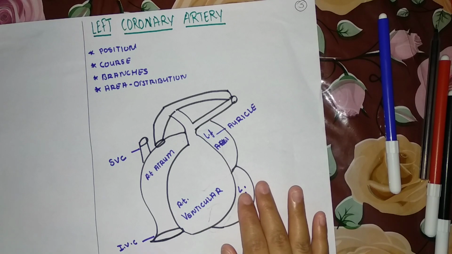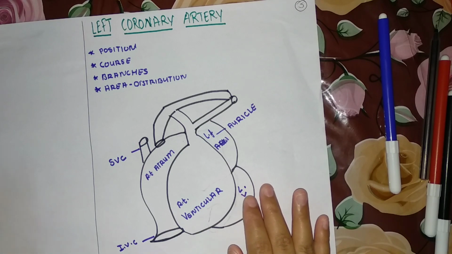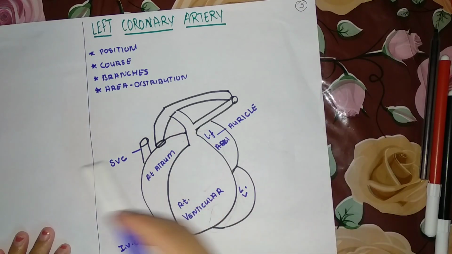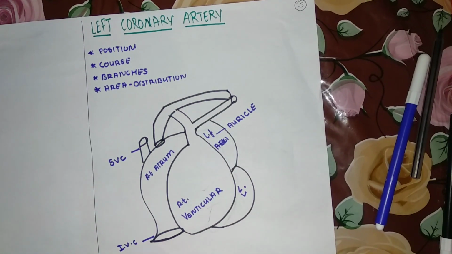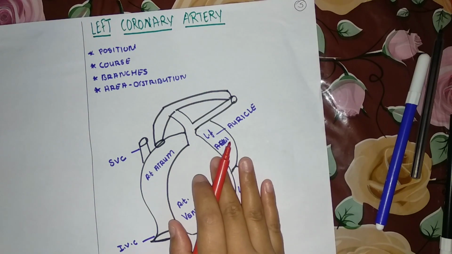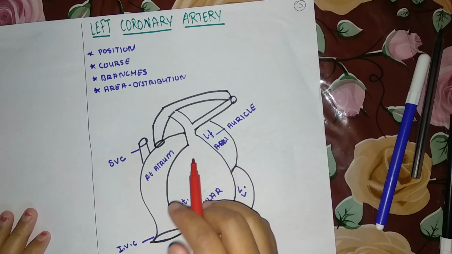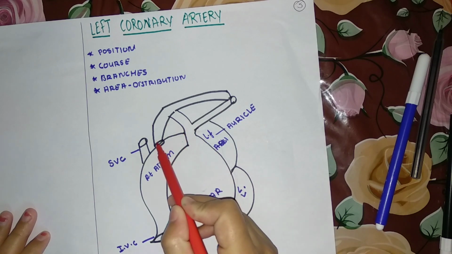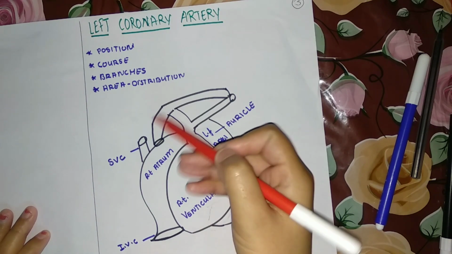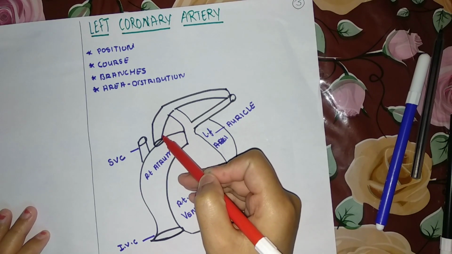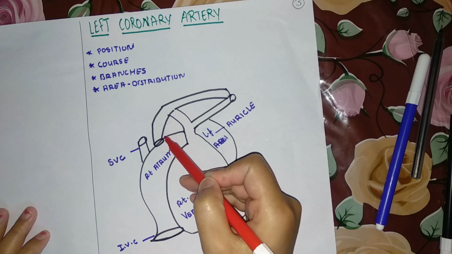So we'll start today with the left coronary artery. We'll draw its position with the red sketch. The left coronary artery arises from the left aortic sinus, the left posterior side of the aortic sinus.